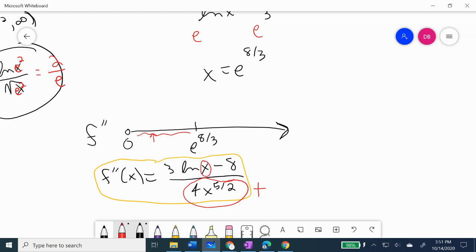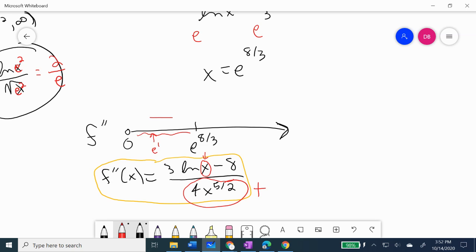And the easiest thing to plug into that is e to the power of something. How about we do e to the power of 1, because e to the power of 1 is smaller than e to the power of 8/3. If I plug that in here, I end up getting 3 times 1 minus 8. That's negative.